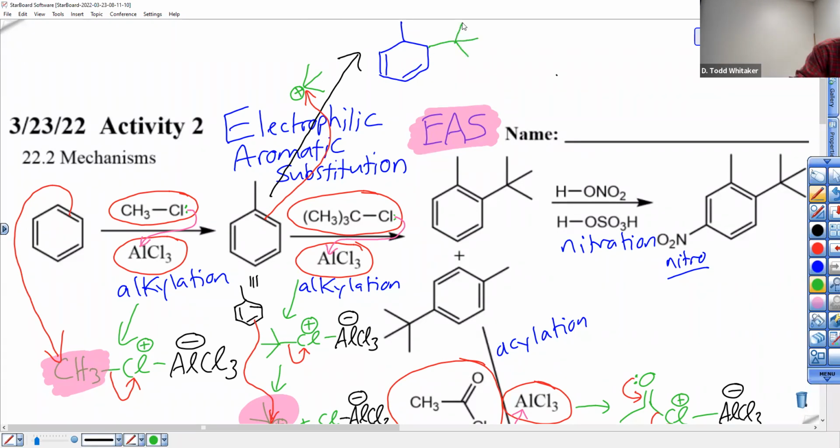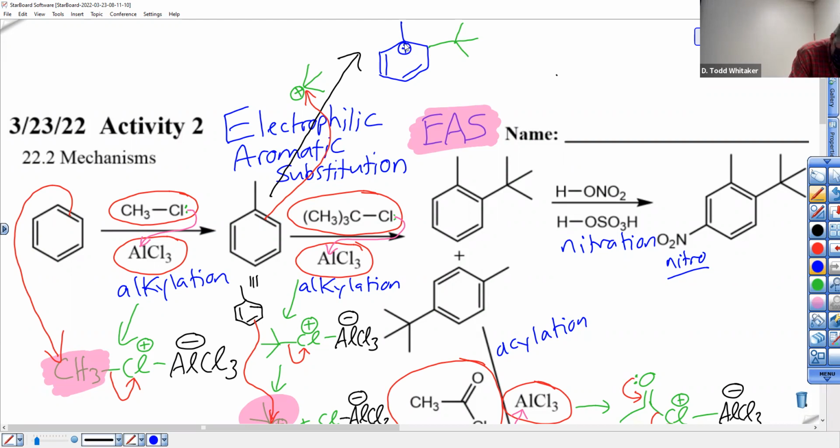The position with the methyl lost a bond, didn't replace it. What kind of carbon is that? Used to have four bonds. Now it's only got three. That is a world famous carbocation. Quite stable. It's tertiary and allylic.